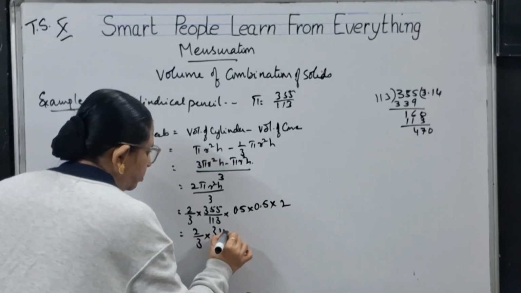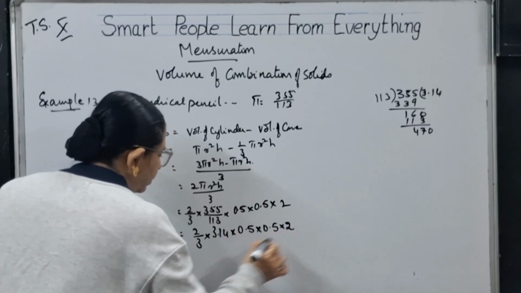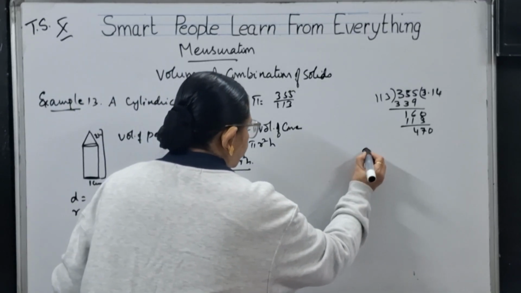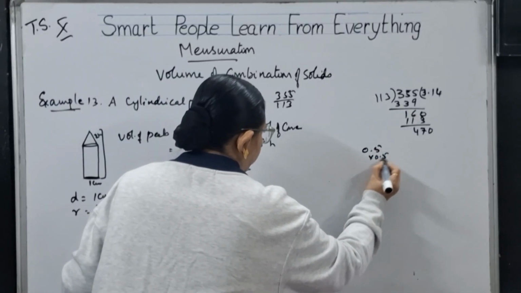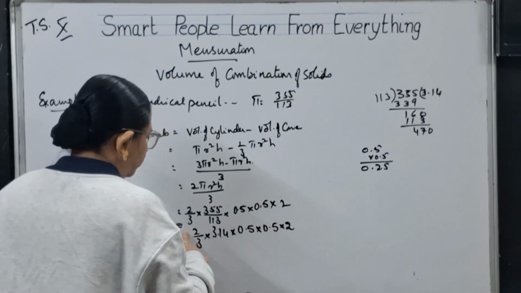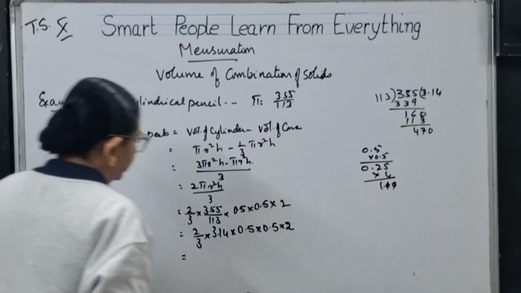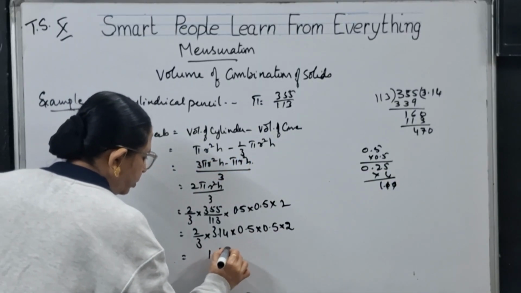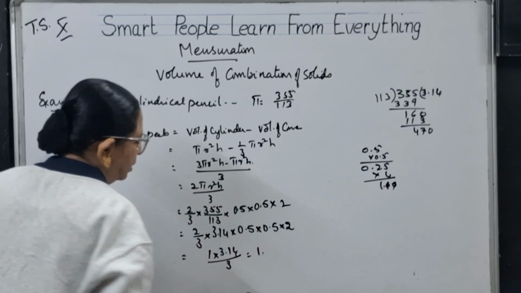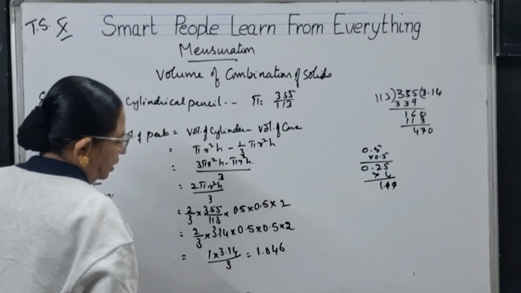So let me take it as 3.14 into 0.5 into 0.5 into 2. 0.5 into 0.5 is 5 5s are 25, 0.25 you are getting. And 2 2s are 4. 25 4s are 100. So it is nothing but 1. So 1 into 3.14 by 3: 3 1s are 3 and then 0, 3 4s are 12, 3 6s are 18.